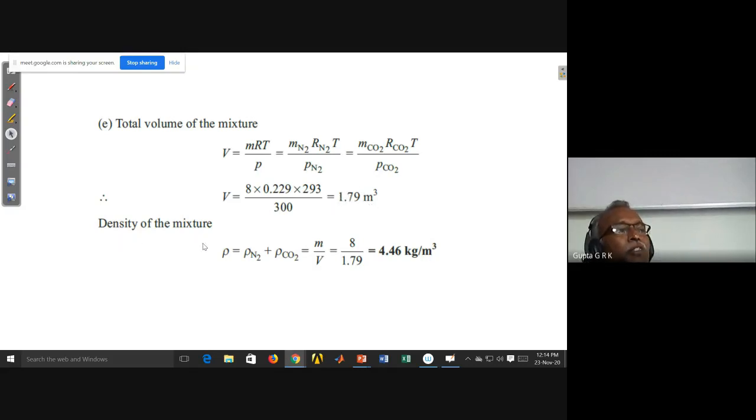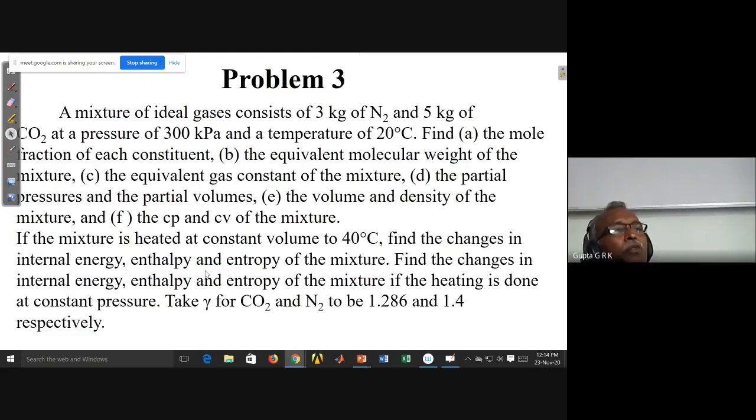So the density of the mixture is the total mass of the mixture by the volume of the mixture. Total mass is 8 and the volume I found out is 1.79 here. Like this I can find out. Okay, this is the way, knowing the masses of each component of the mixture at a given pressure and temperature, I can find out the mole fraction of each component, and we can find out the molecular weight.